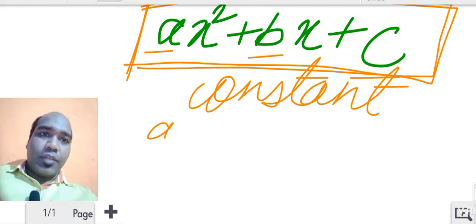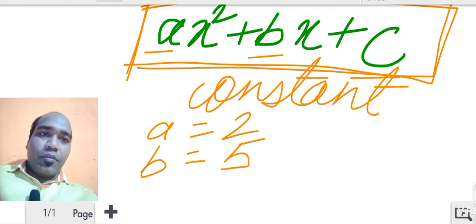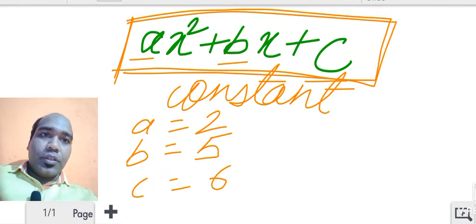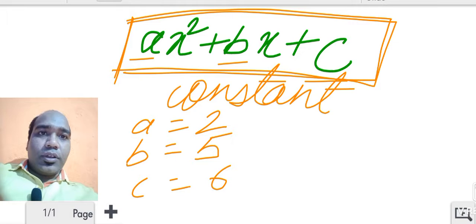The value of a can be anything. Suppose 2. Suppose I have taken the value of a as 2, the value of b as 5, and the value of c suppose 6. Got it? If we put in the values, what will it become?